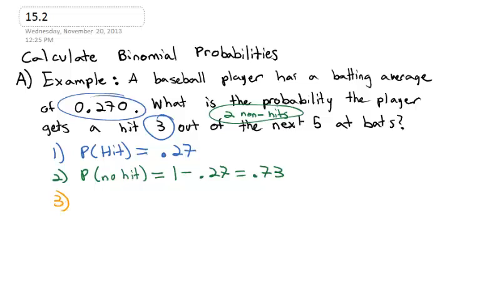And so what we're really looking for is the probability of 3 hits and 2 non-hits. Well, the 3 hits are going to give us a probability of 0.27, and the multiplication rule tells us we just multiply those together.